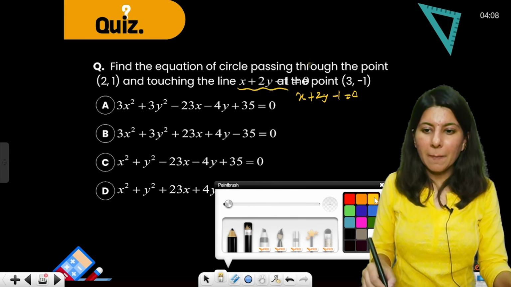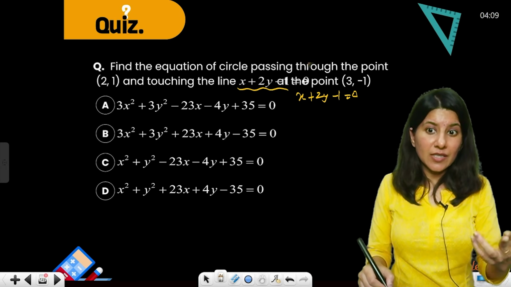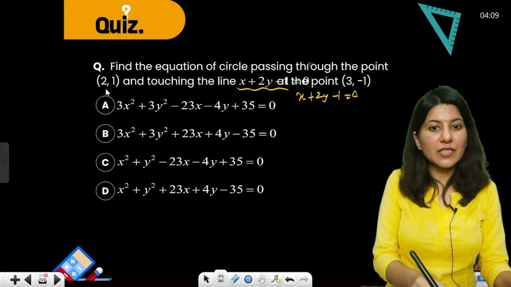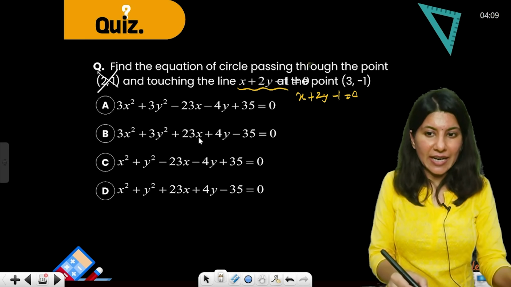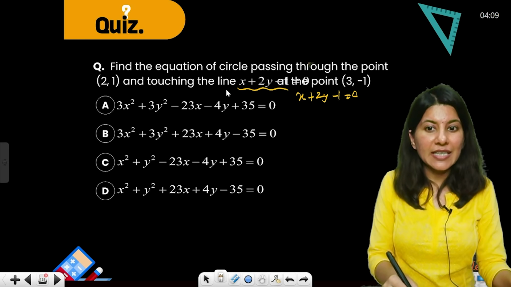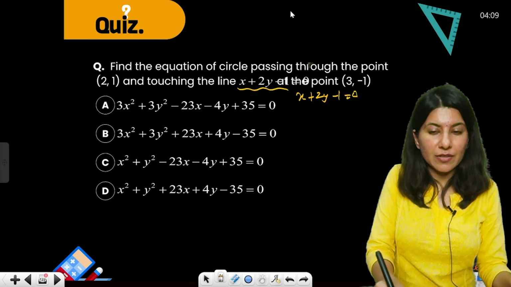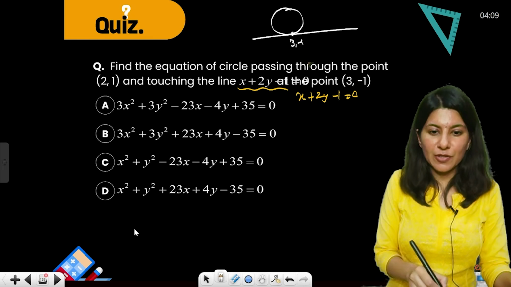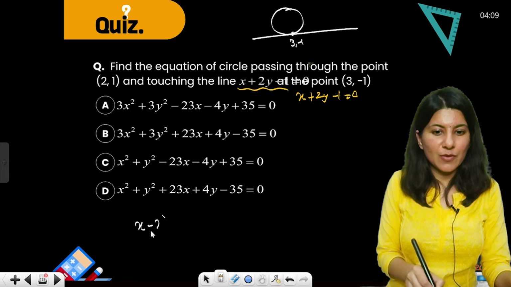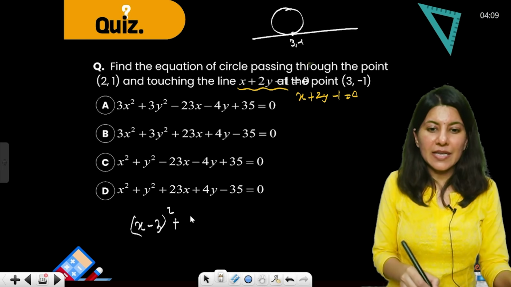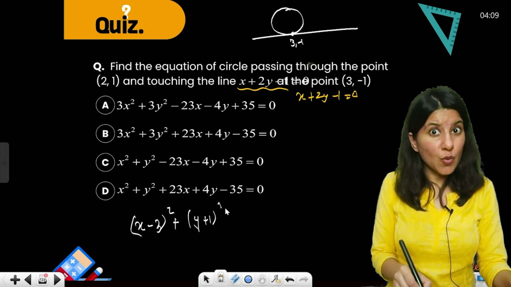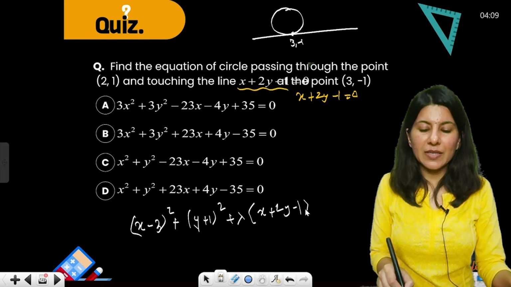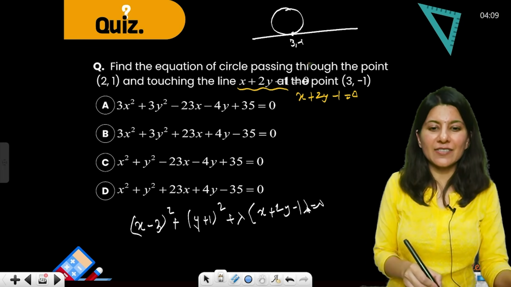So first of all, equation of circle passing through this point. So this point right now, let's talk about it later, but this is the line at the point. So basically line is given and point is 3 comma minus 1. First of all, x minus 3 whole square plus y plus 1 whole square plus lambda times x plus 2y minus 1 equals to 0. Now 2 comma 1 satisfy.